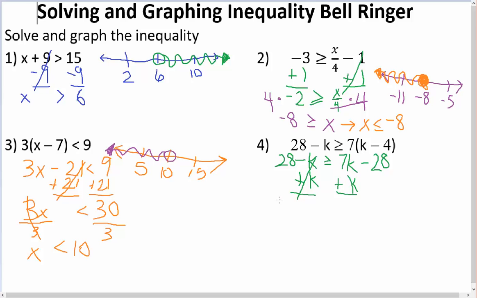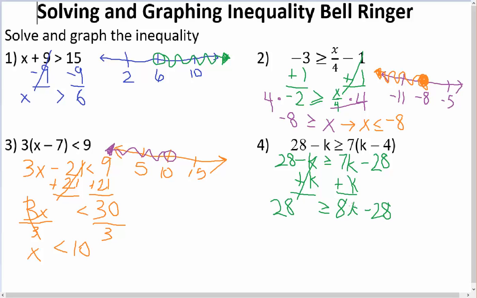So the k's cancel. I'm left with my 28 still. And that's going to be greater than or equal to 8k minus 28.